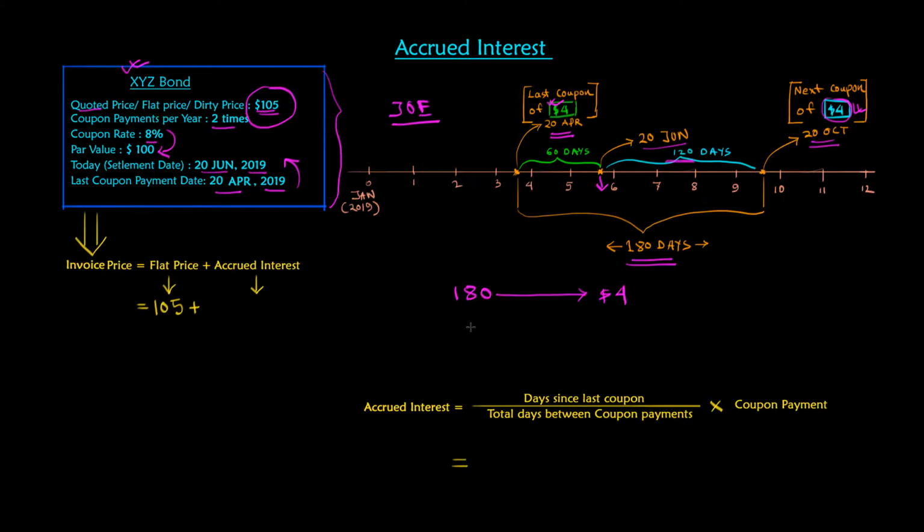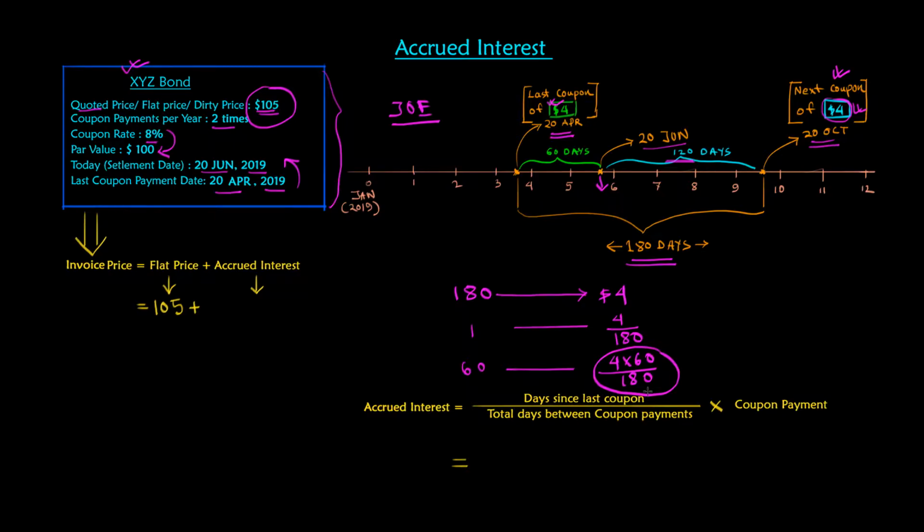So if someone holds on to this bond for 1 day, he should receive 4 by 180, right? And since Joe had this bond for 60 days, for 60 days he should get this much amount of money out of this next coupon payment of $4.